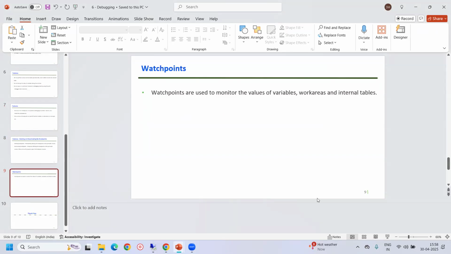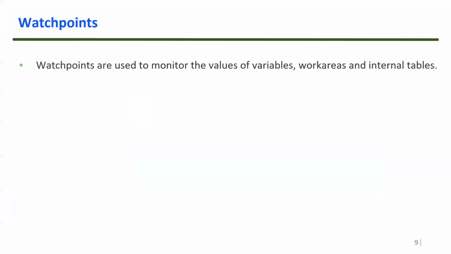Okay. Then the last one is watch point. So we have one more option, that is watch point. With the help of watch point, we can monitor the values which are being changed or inserted into work areas, internal tables and variables.